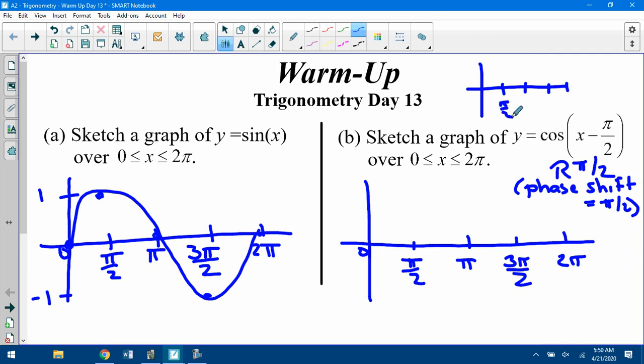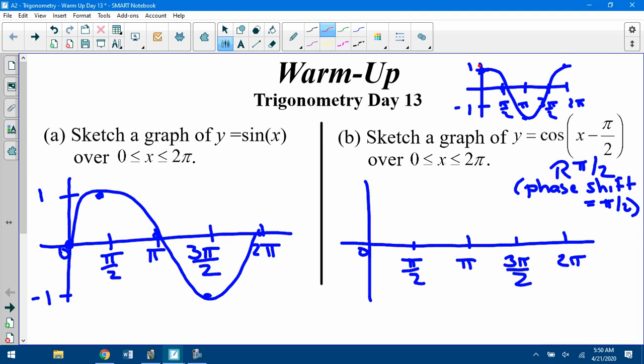Here's the regular cosine curve up here first. So cosine generally starts above the midline, then it goes all the way down to -1, then it ends up back above the midline. So what we're going to do is shift everything right pi over 2.